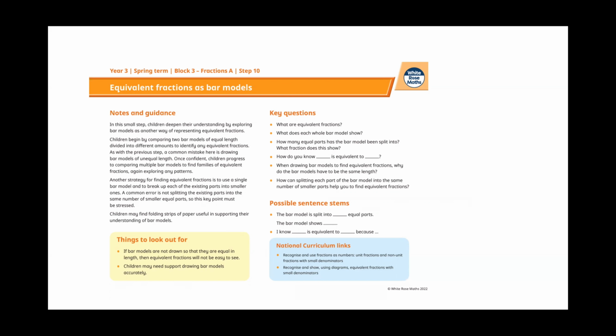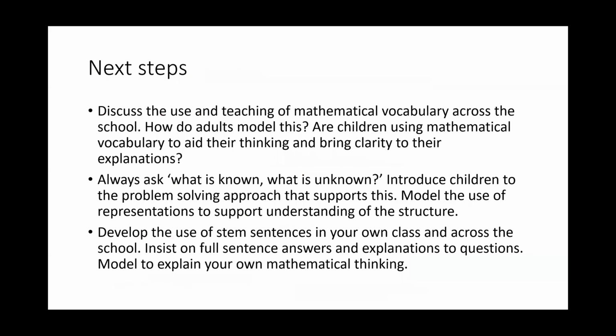Using a my turn, our turn, your turn approach gives children an opportunity to hear mathematical language and explanations before trying it for themselves. As STEM sentences and the use of full sentence answers become part of the expectations in class, pupils will become more proficient in explaining their thinking.